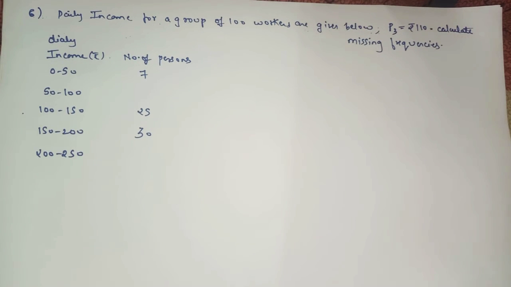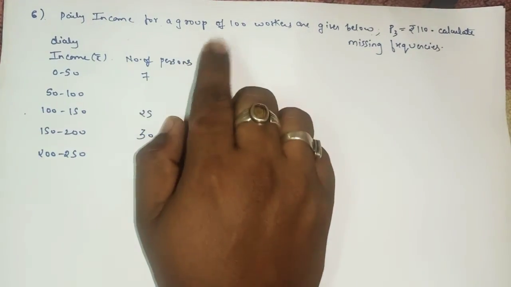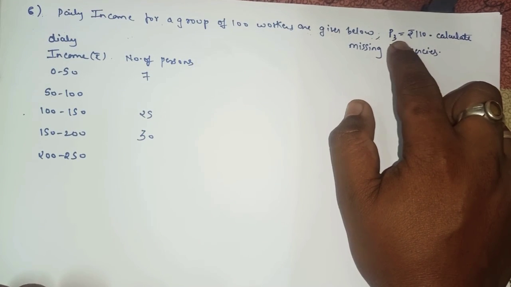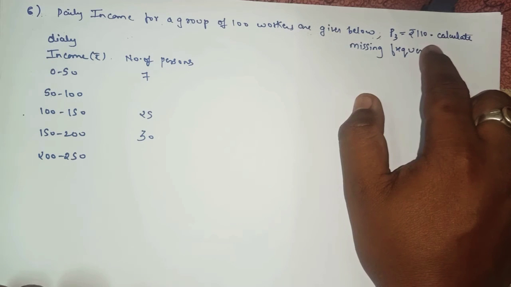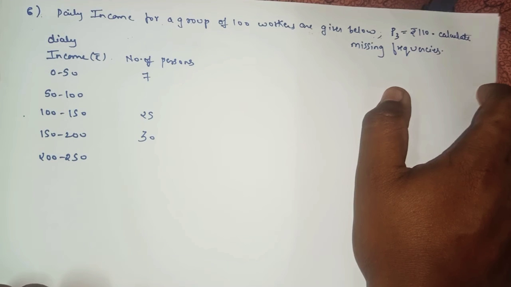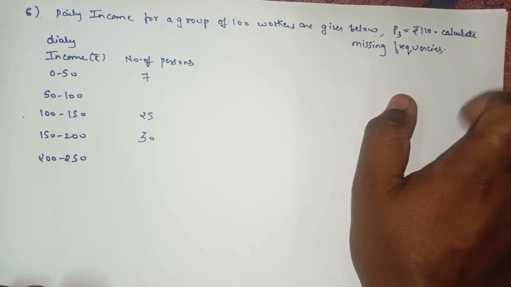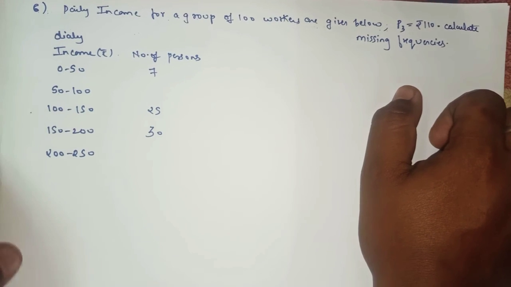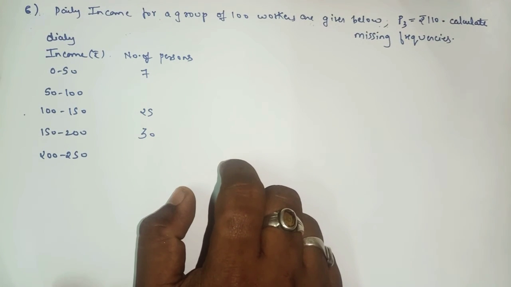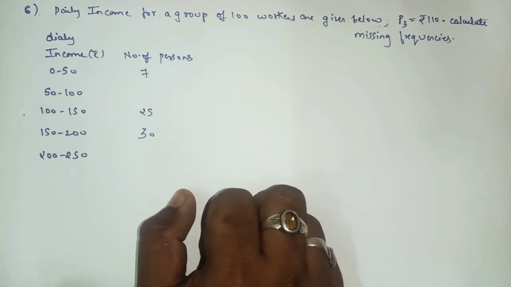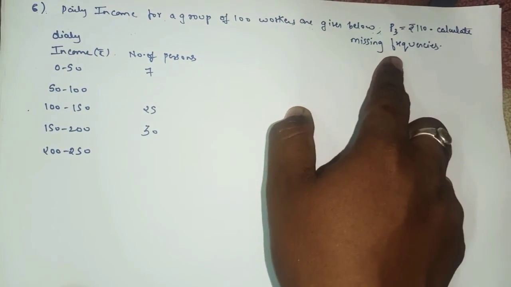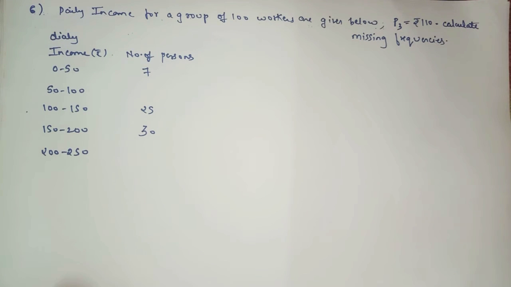So here we have the sum: the daily income for a group of 100 workers is given below, and P3, that is the percentile, P3 is rupees 110. Calculate the missing frequency. We saw one sum based on quartiles for two missing frequencies, and in the second exercise there is one more sum based on deciles, and this one is from the miscellaneous, where the percentile is given and you have to find two missing frequencies.